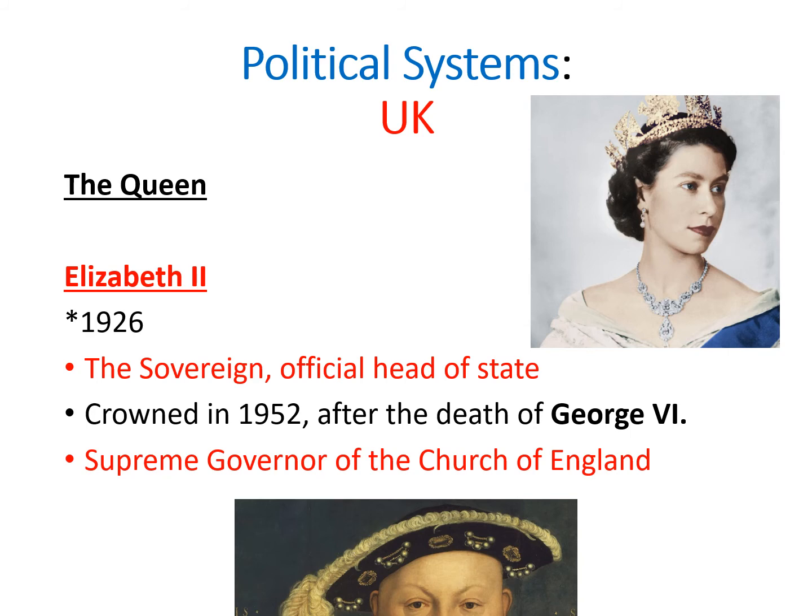This means that Elizabeth II has been the longest reigning monarch in the history of this state. And since the times of Henry VIII, the monarch is also the supreme governor of the Church of England.